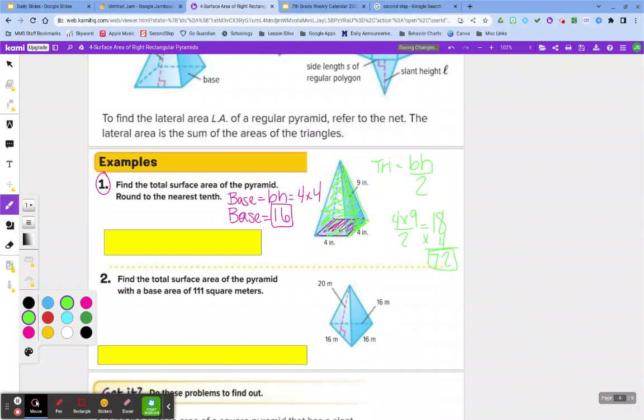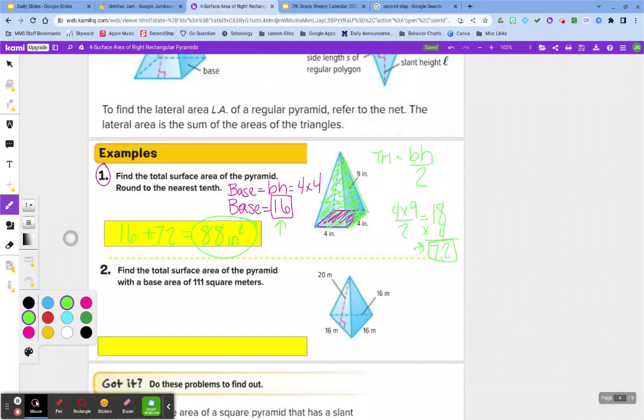So now my base is 16, the sides equal 72, so now all we have to do is add those together. The base plus the sides will give me an answer of 88. And this is surface area, so it would be inches squared.